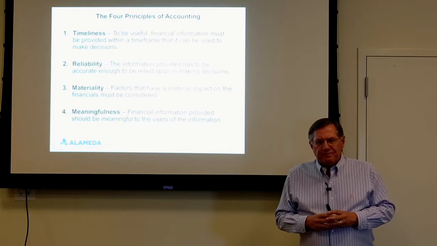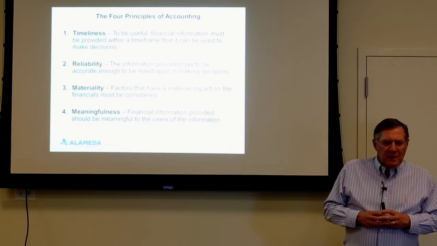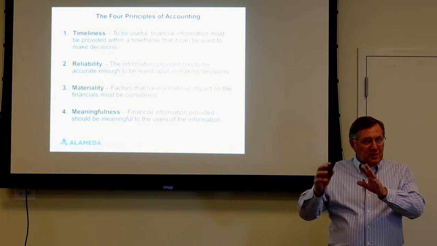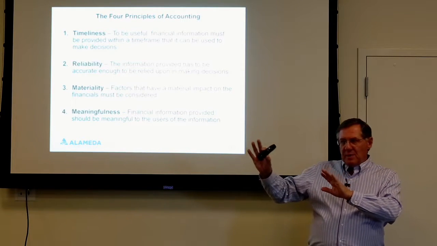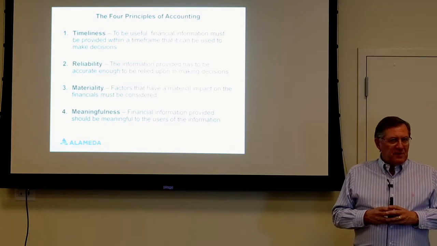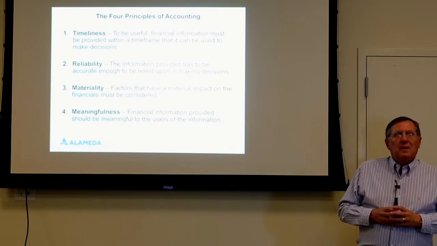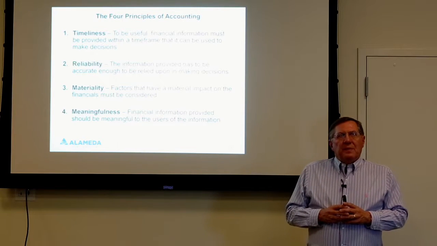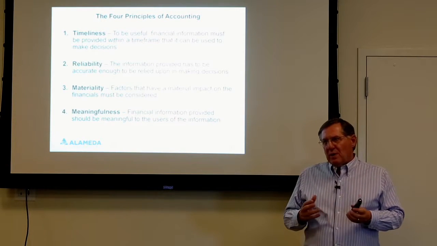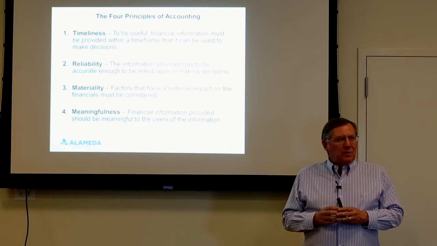If we have, for example, potential malpractice events, they may be just notified, they may be in litigation, but we have to estimate what the potential cost of that is going to be. So we make estimates. So the concept of reliability has to do with, well, how good are those estimates?